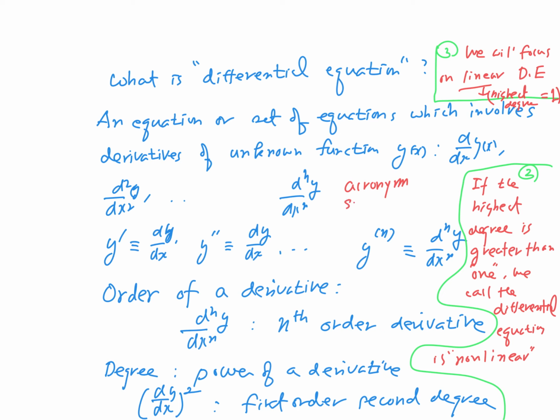A synonym is a similar word, 동의어. An antonym is an opposite word, 반의어, right? So you're learning some English in addition to math.